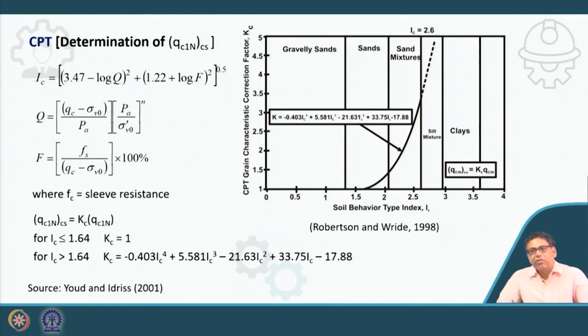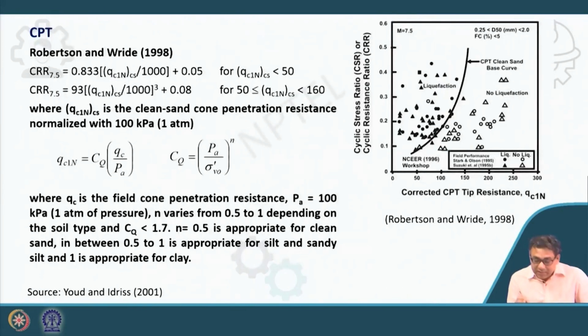If IC is greater than 1.64, then you calculate the Kc, and you multiply that Kc with the normalized QC value, or QC1N, and then you will get the QC1N clean sand. You can see that if it is greater than 2.6, it is silt or clay, and if it is less than 1.64 it is clean sand; in between 1.64 to 2.6, the sand is mixed with fines. Clear?